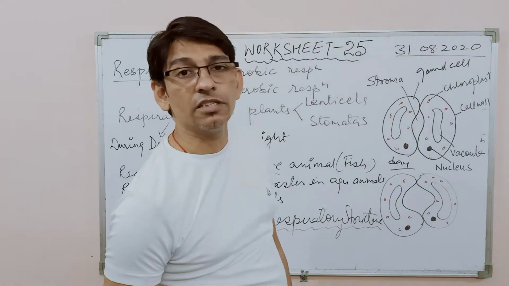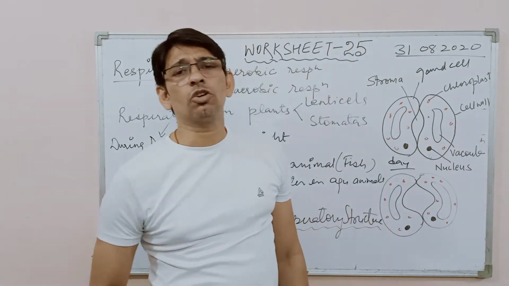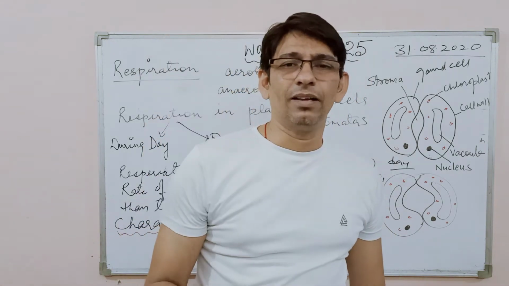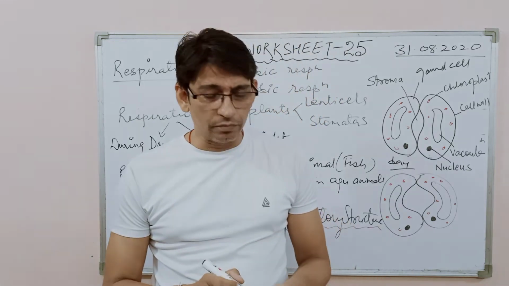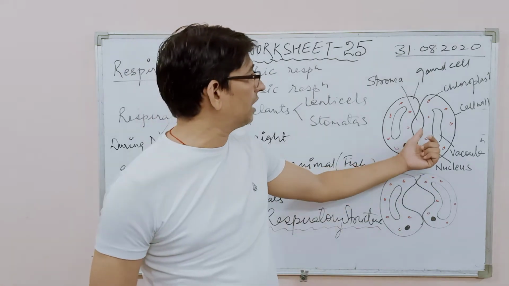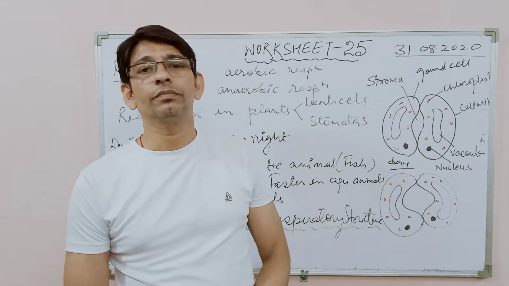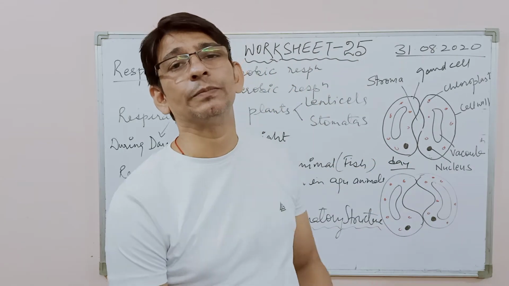Stomata also contains chloroplast and a cell wall. During daytime these stomata are open, but during night they become closed. So during daytime the exchange of gases takes place through these stomatal openings. When these stomata are open, exchange of gases takes place through these openings.